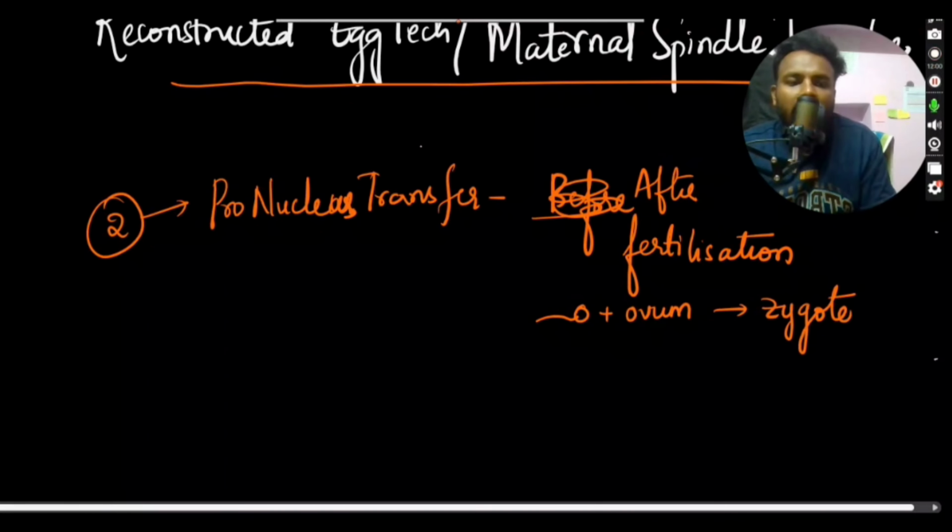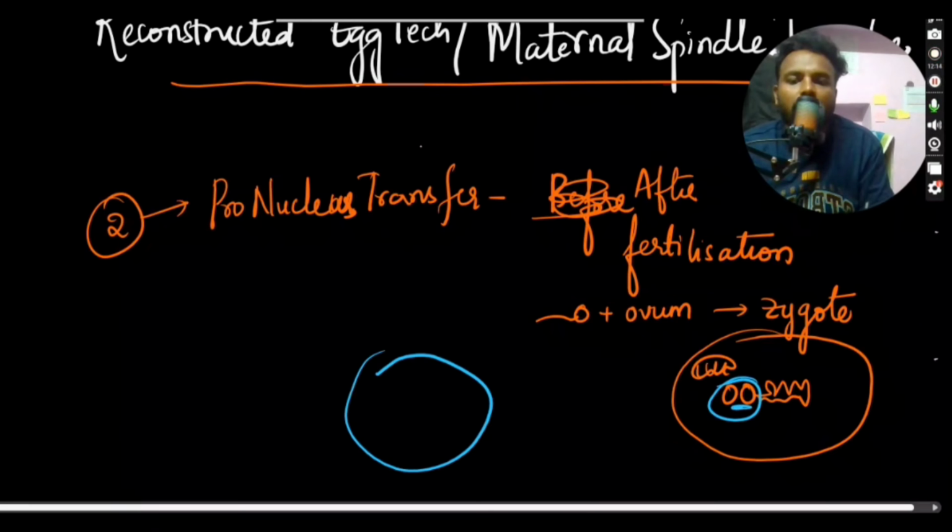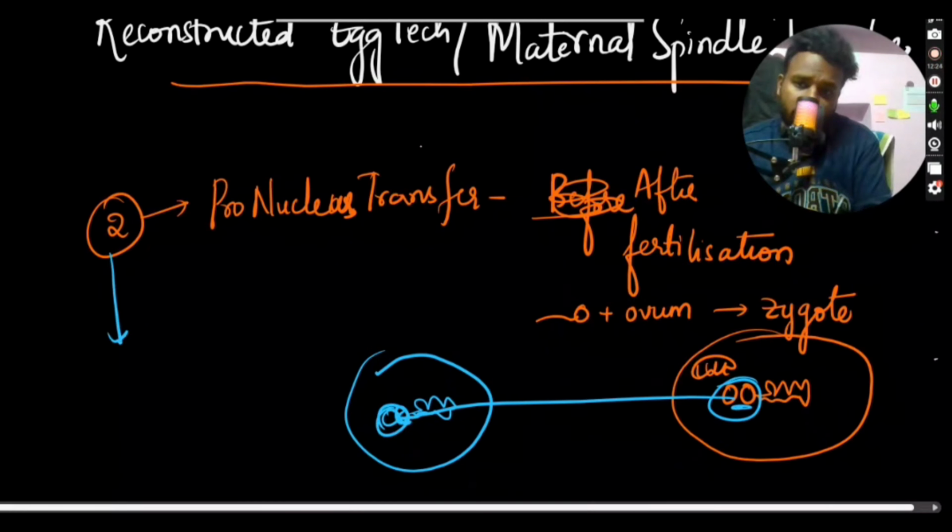In the zygote, we'll be having pronucleus, the nucleus of mother and nucleus of father, right? And we'll be having defective mitochondria. This defective mitochondria should be replaced. That's why we'll be taking this pronucleus and adding it into the donor's, right? So this will be replaced here, right? So this is called pronucleus transfer.